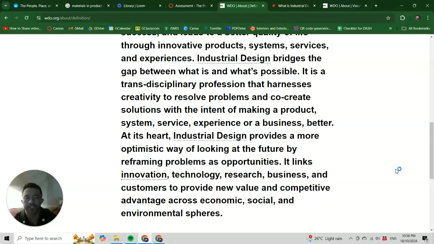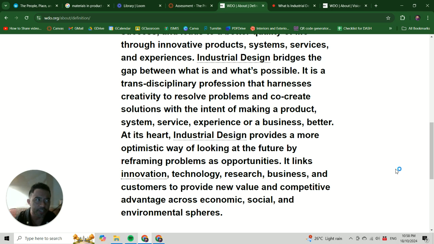At its heart, industrial design provides a more optimistic way of looking at the future by reframing problems as opportunities. So I think an industrial designer should be someone who is optimistic. Otherwise, if you are not optimistic, then I don't think you will become a very effective industrial designer because, after all, the business of industrial or product design ultimately deals with solving problems.